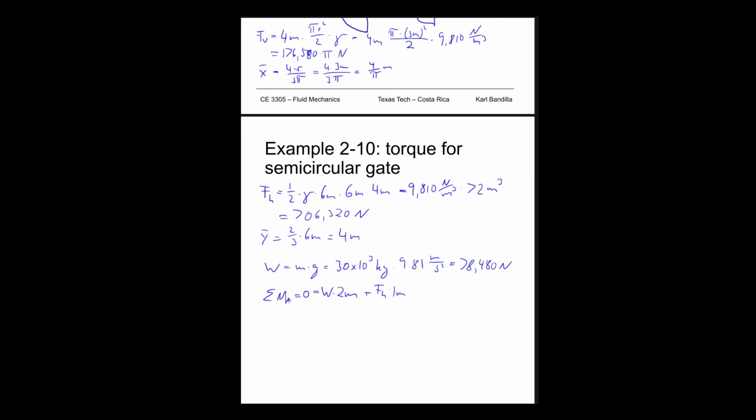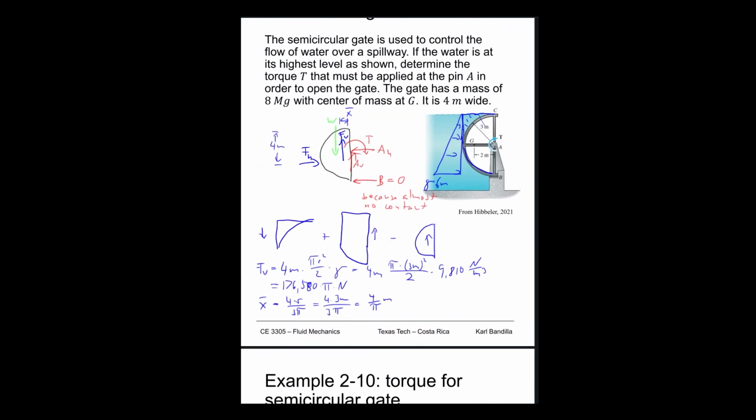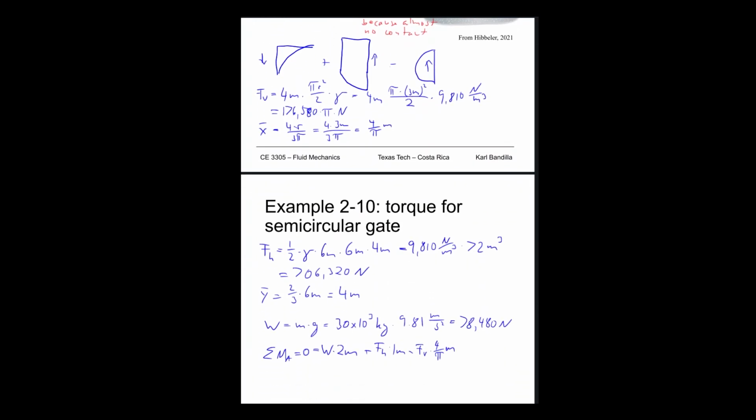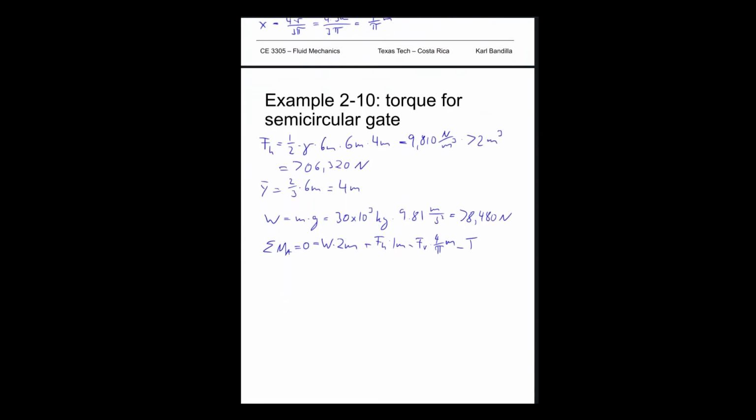So we have minus FV times 4 over pi meters. And then let's not forget we have our torque. The way that we wrote our torque here, it is turning clockwise, so it would be negative. Minus T. All right, excellent.